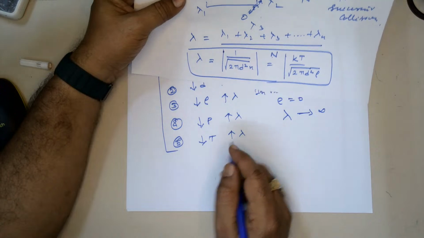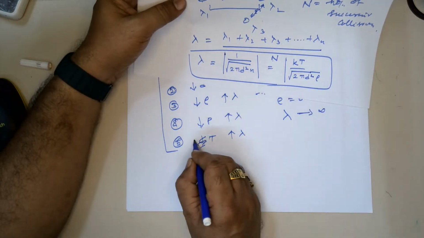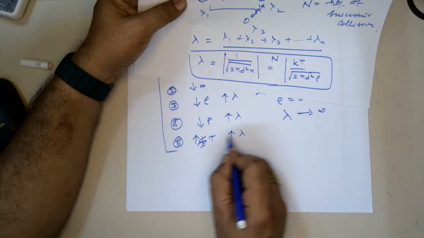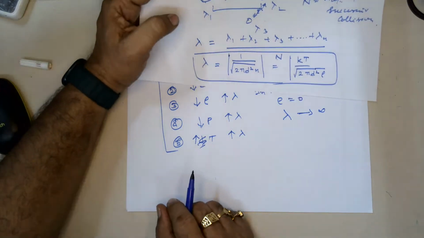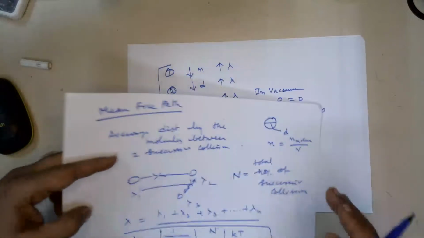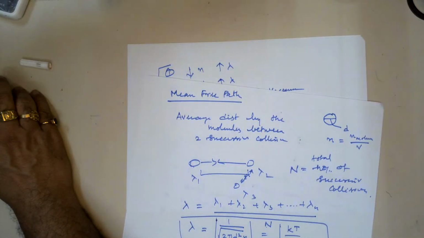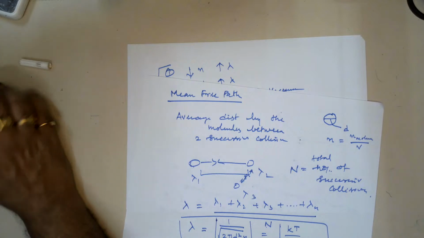Not smaller for temperature, because it is in the numerator. So larger the temperature, larger will be the mean free path.